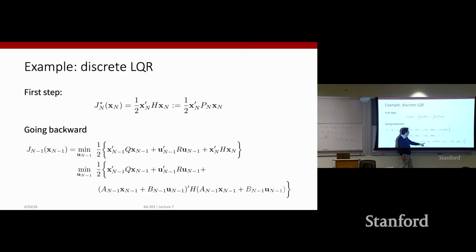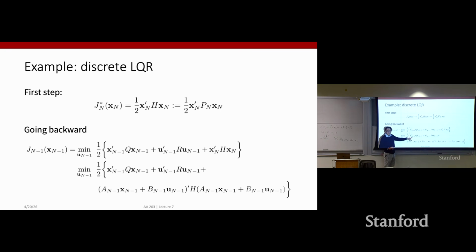So I plug this relationship in here. And as you can see, now this optimization problem is just an optimization problem with respect to the variable u n-1.